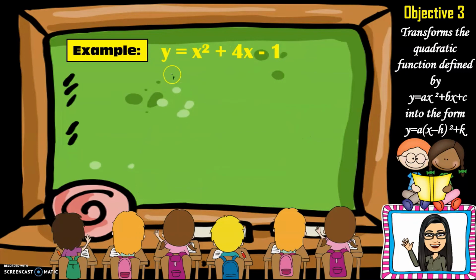So we have y is equal to x squared plus 4x minus 1. So let's transform this one into a vertex form. So by following the first step again, we have y is equal to x squared plus 4x. And then just copy negative 1, diba? Yung first step natin, we need to group the terms containing x, right?